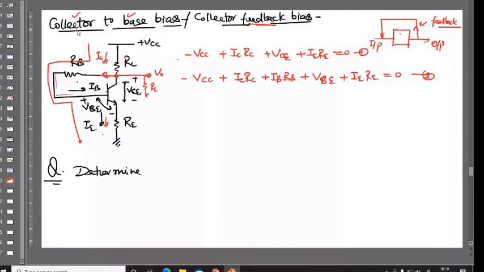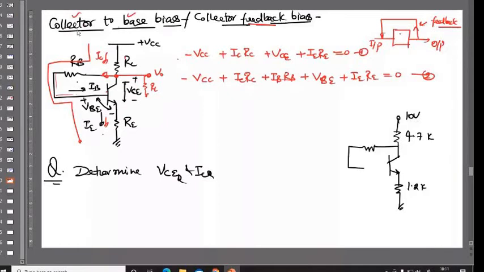Determine VCE and ICQ. The network is given like this: 1.2 kilo ohms, this is 4.7 kilo ohm, and this is 10 volt. Here we apply one resistance at the input terminal, 250 kilo ohm.